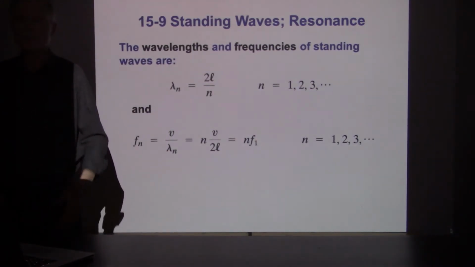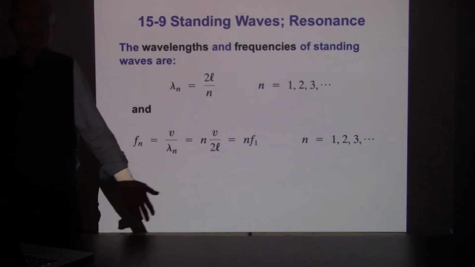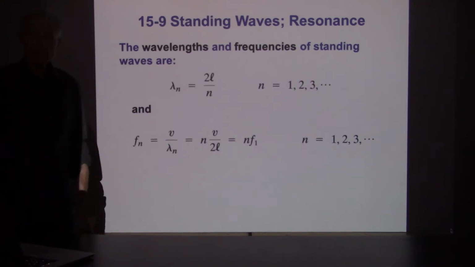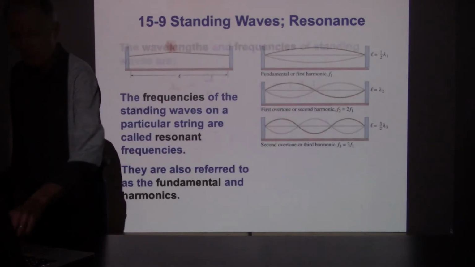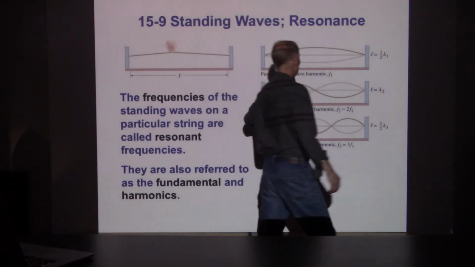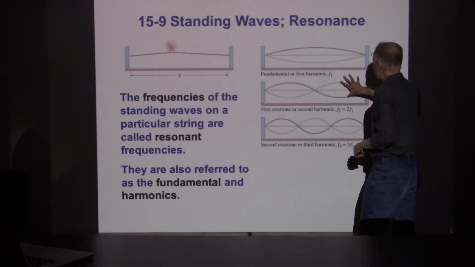So think in terms of musical instruments here. Why do string instruments have the sounds that they do? A string instrument, again, is going to consist of some number of harmonics where the harmonics have a pattern.